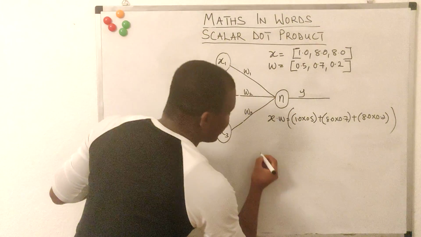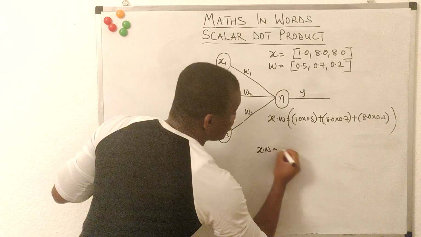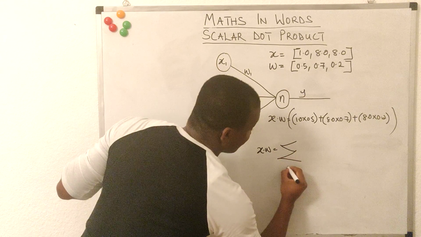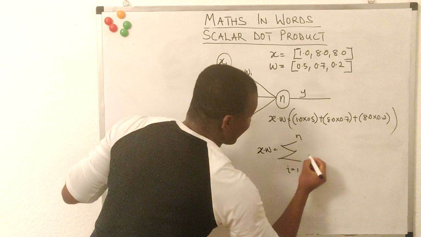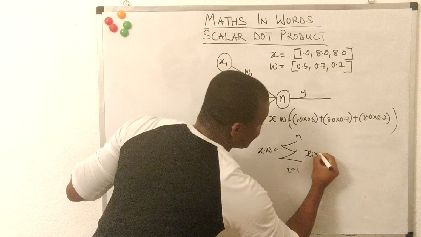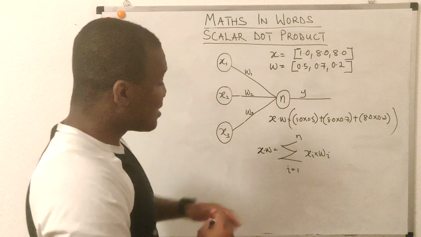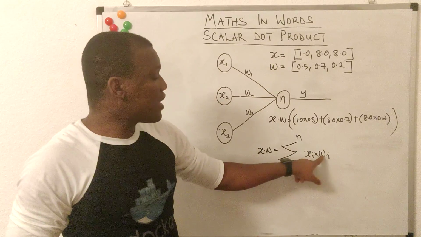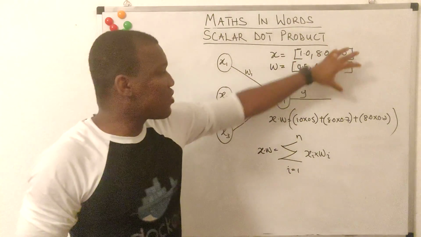But mathematically, we can say x dot w is going to be the summation from i equals 1 to n of xi times wi. What it means is that this formula is going to work for two vectors that have the same number of entries. In this case, n is 3.